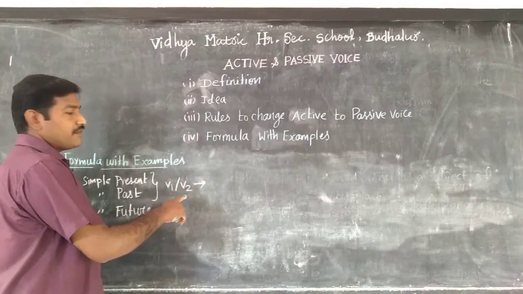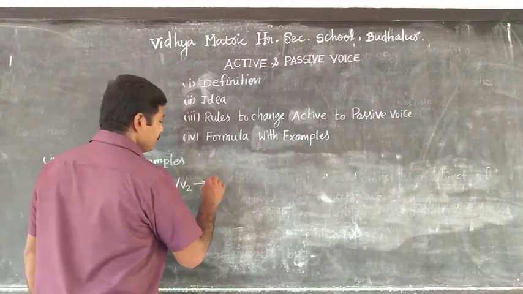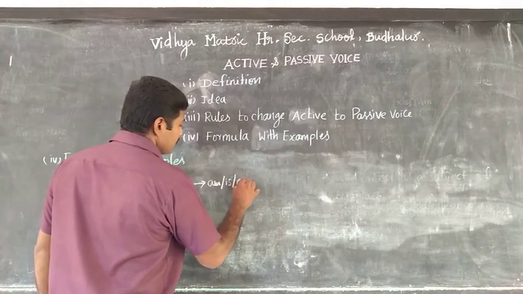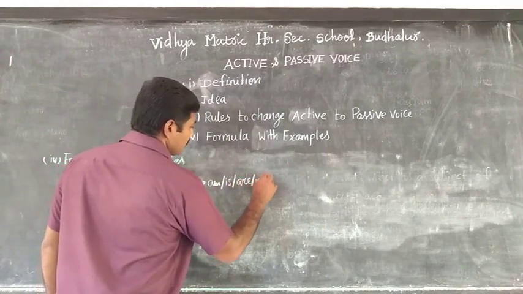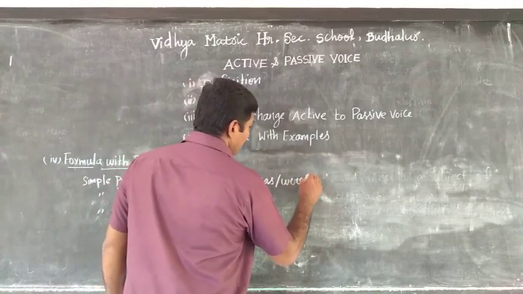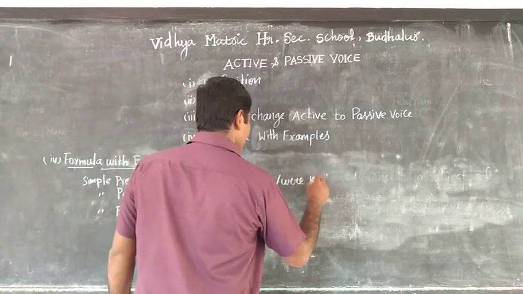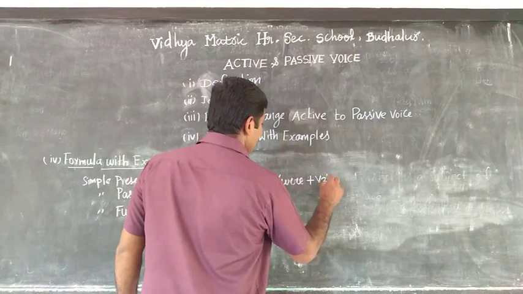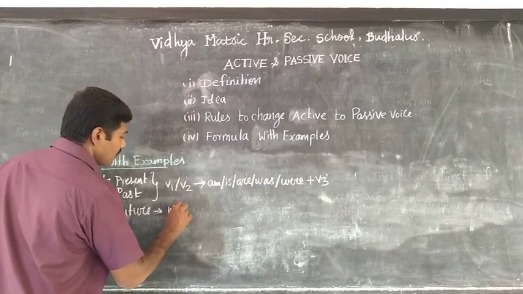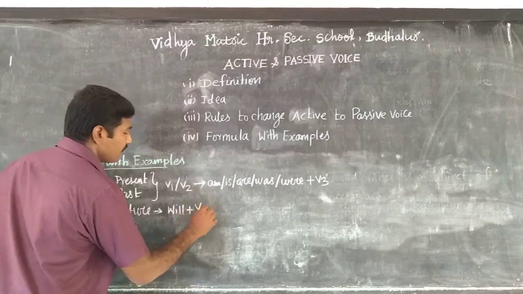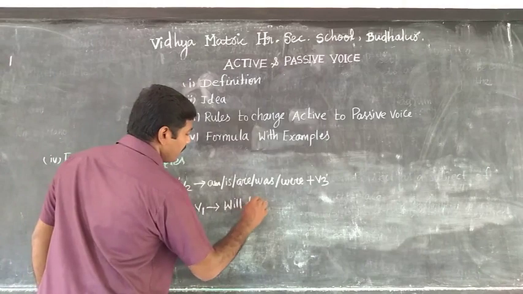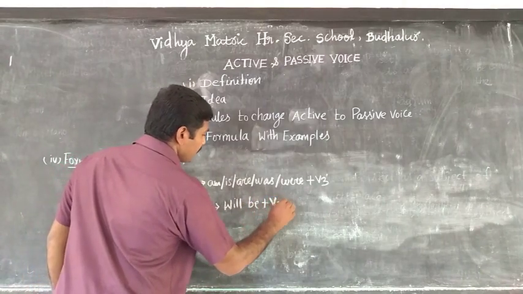V1 verb or V2 verb changes into am, is, are, was, were plus V3, will be plus V3.